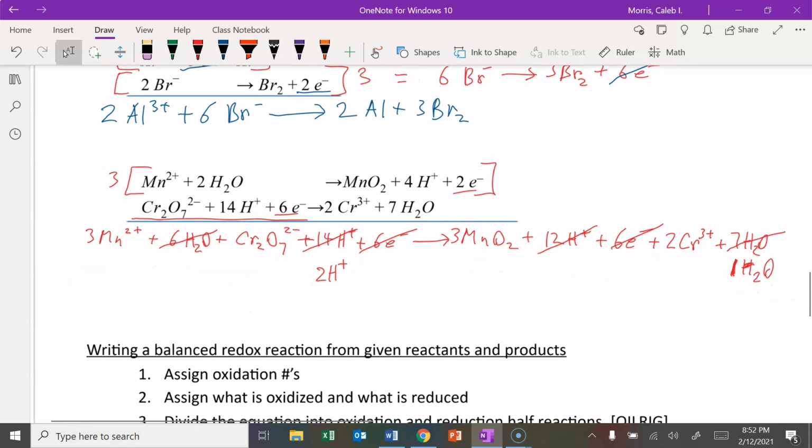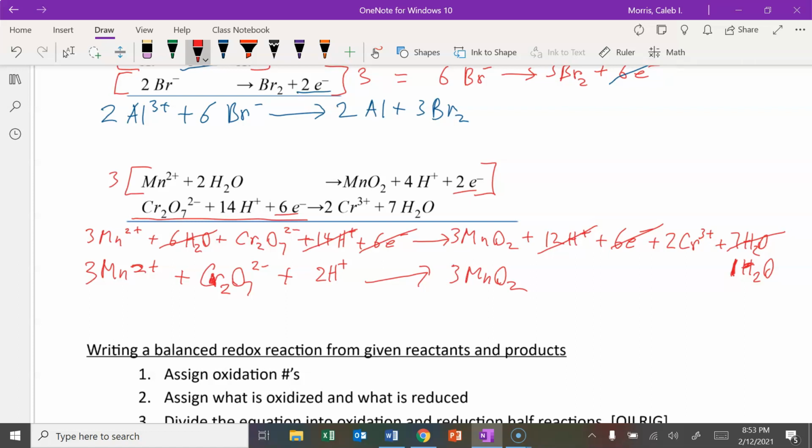Now let's write down everything that I did not cross out. So I have 3 Mn2+ plus Cr2O7 2- charge, plus, of course, our 2 H+ yields 3 MnO2 plus 2 Cr3+ plus 1 H2O.